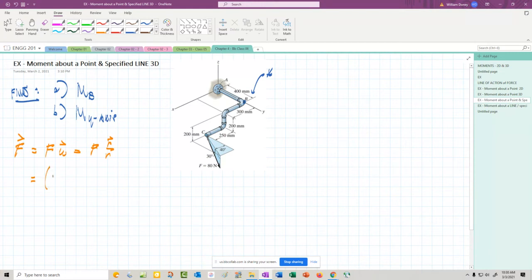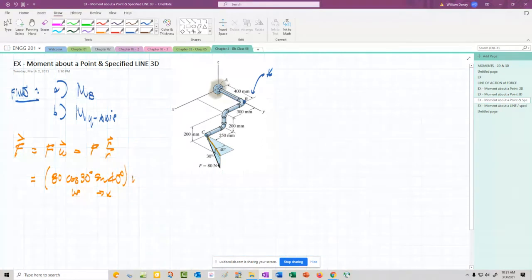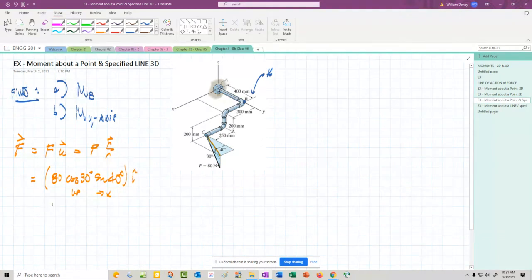So the I direction is going to be 80 cosine of 30. That brings it up to this plane right here, that line. And then we have to sine 40 to bring it over. So that's up, and that brings it over to the X. And that'll be the I direction.